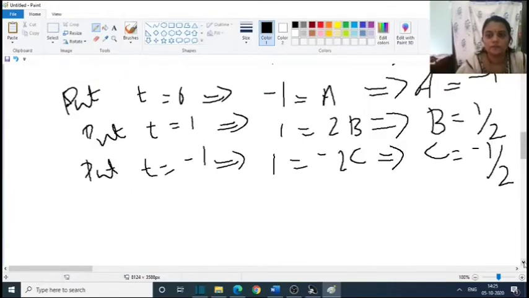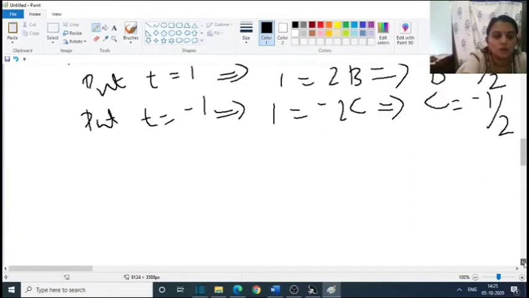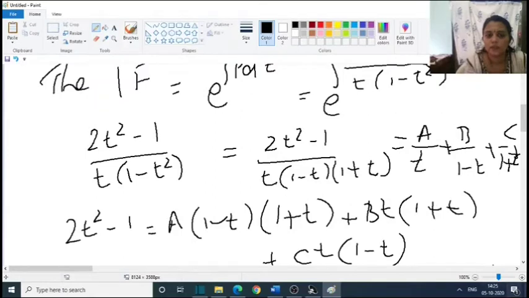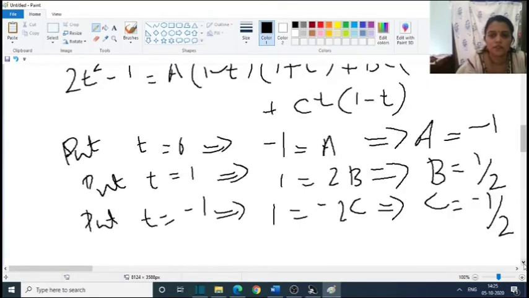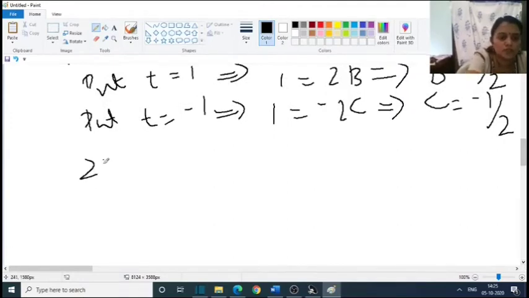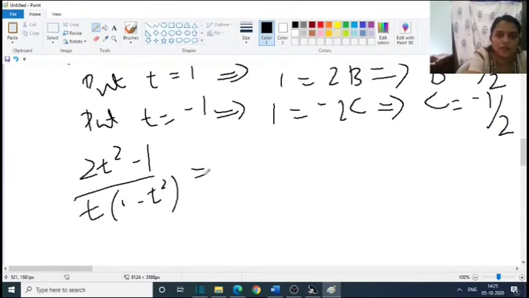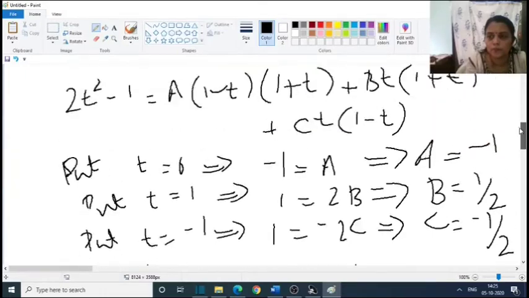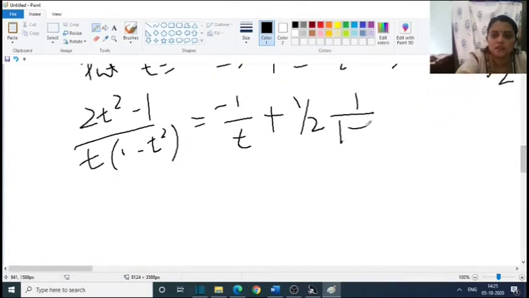So we have this in the integrating factor. 2t square minus 1 by t into 1 minus t square is equal to a by t, a is equal to minus 1, so minus 1 by t, plus b is 1 by 2, 1 by 1 minus t, c is minus 1 by 2, 1 by 1 plus t.